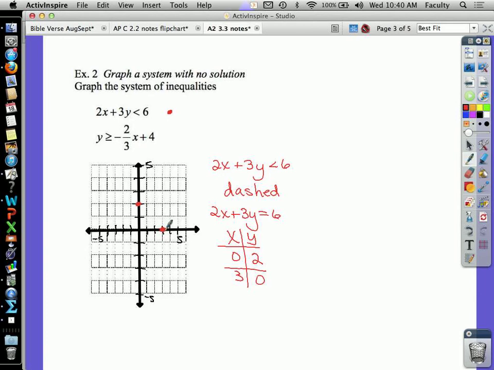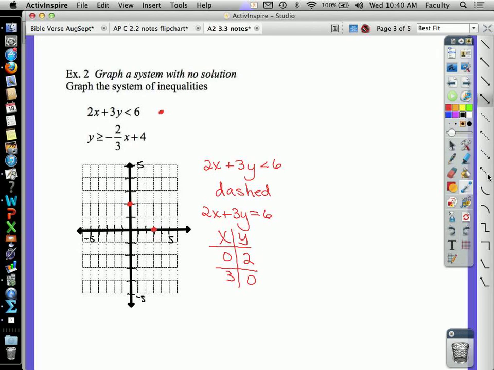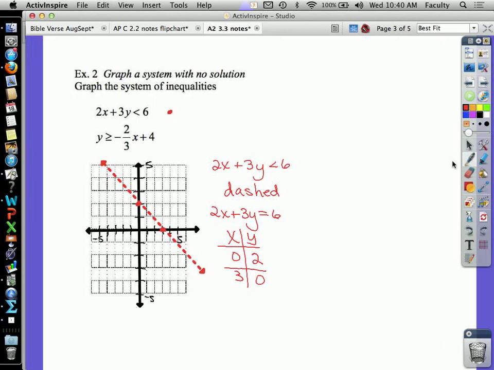This is a dashed line. Remember to fill your grid when you're drawing your line.